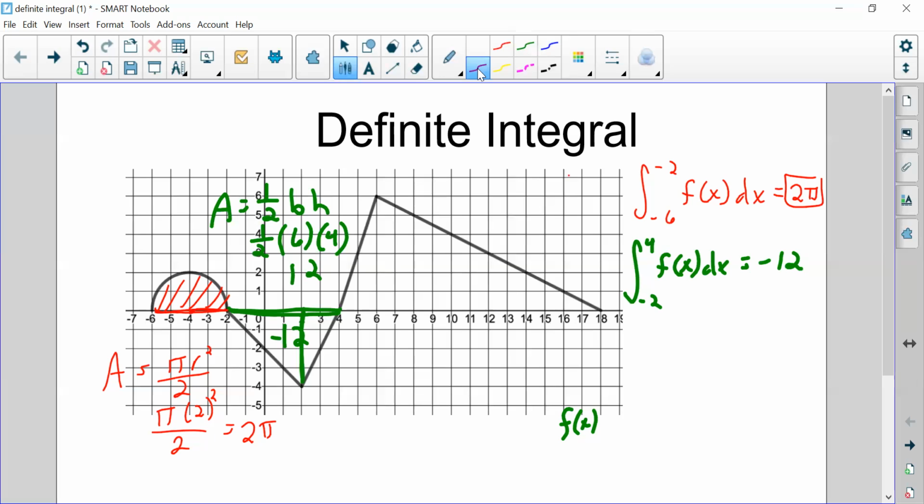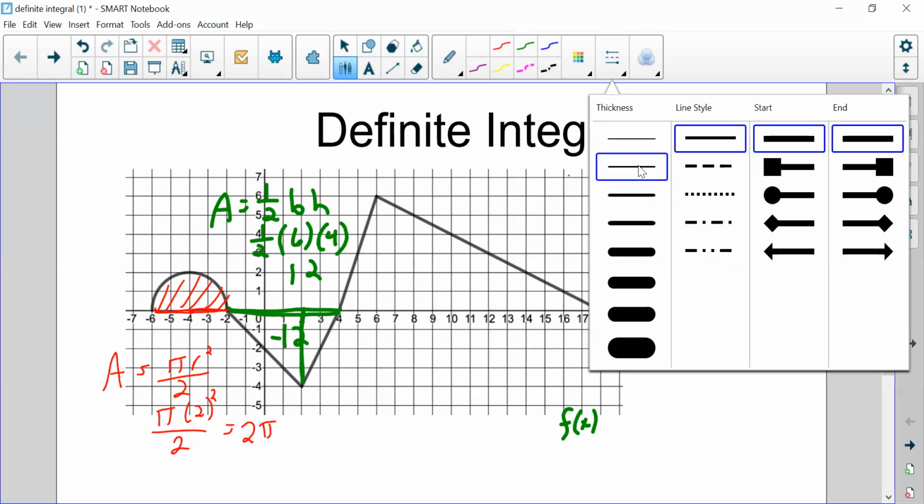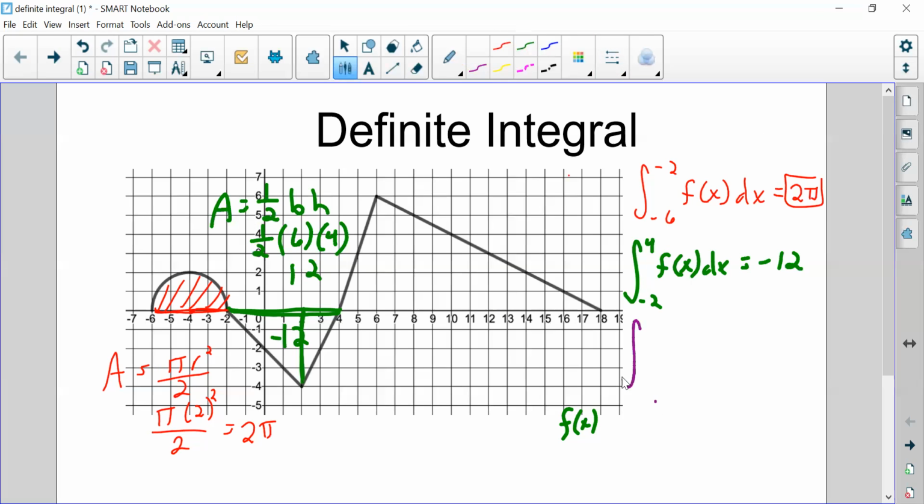What about a little bit smaller, because I can fit it in: the integral from 4 to 18? 42. Okay, how'd you get that? The base is 14, the height is 6, and do the area of the triangle.